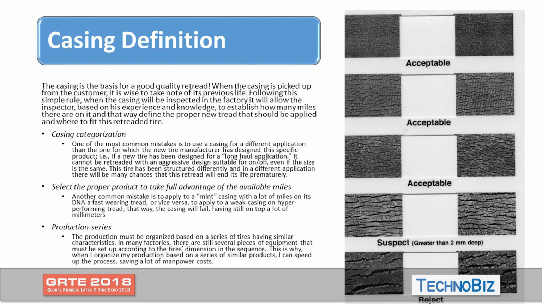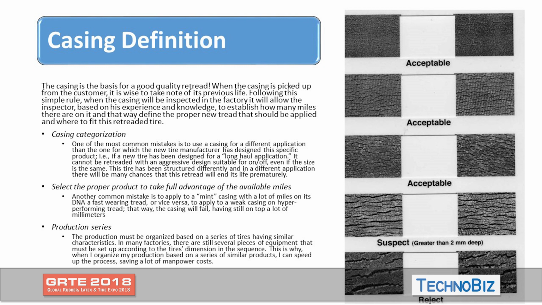The casings have to be selected properly. A good thing is to ask your salespeople to find out where this casing was used before entering the retreading process. And another point is the ozone cracking.